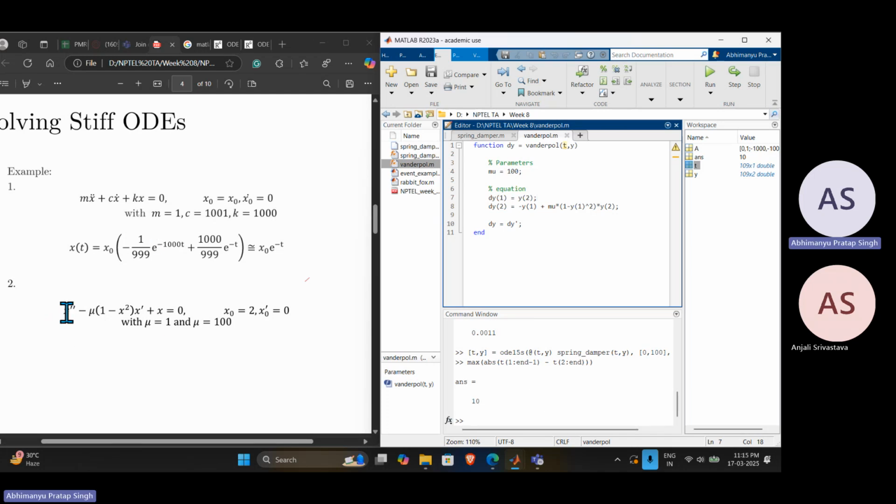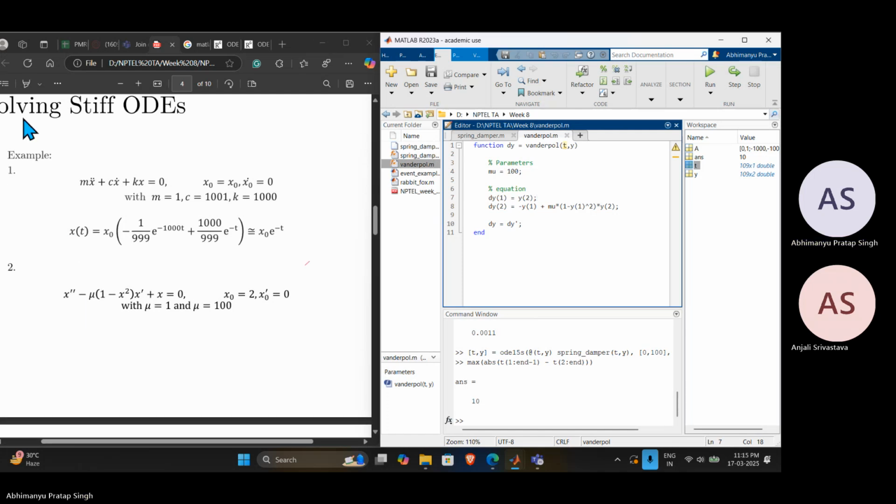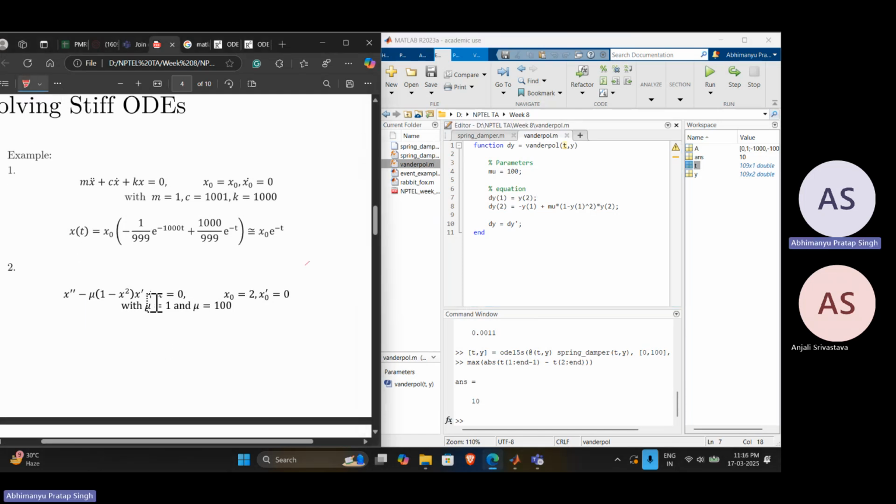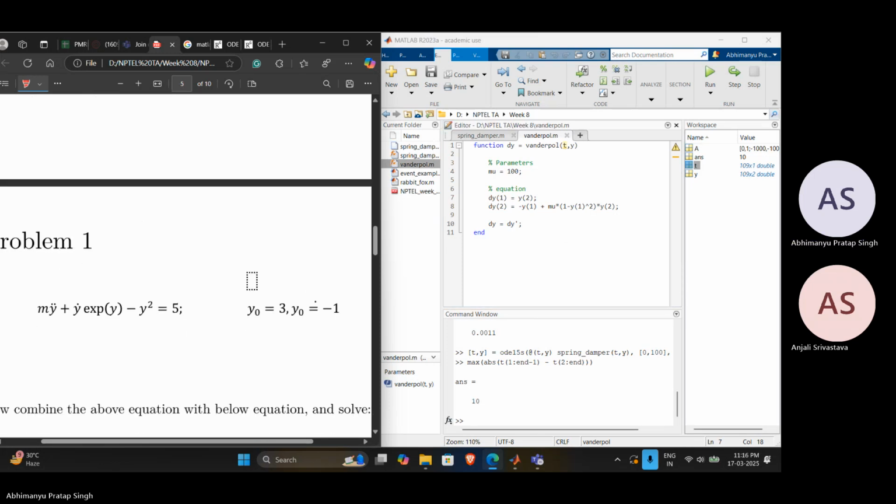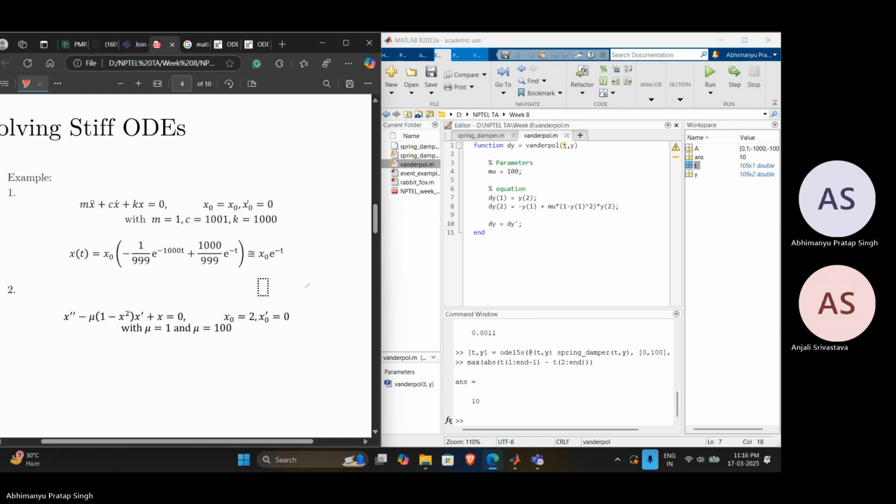This is basically a second order system, and similar to what we did over here, we take x dot, this x prime, as v, and then x double prime becomes v dot, and then we create the same matrix, and we get similar equations over here. So I will go back.